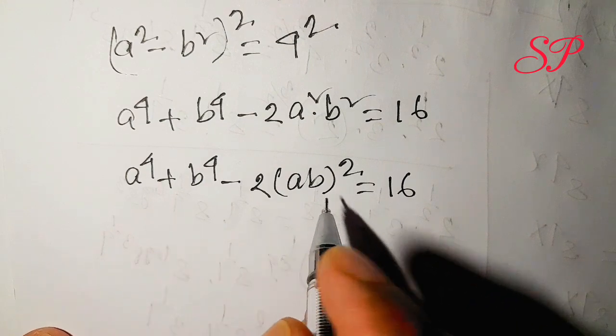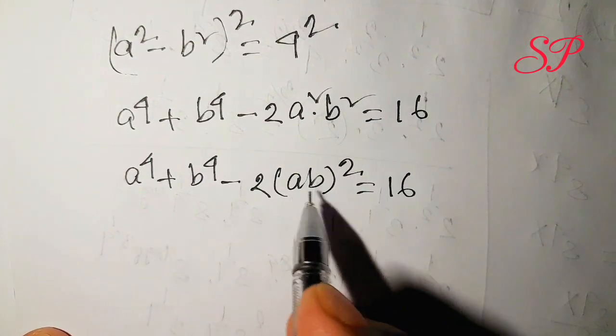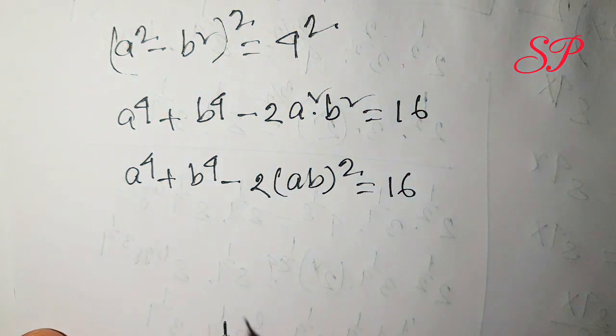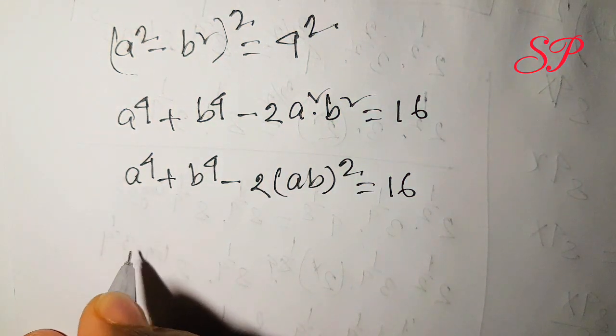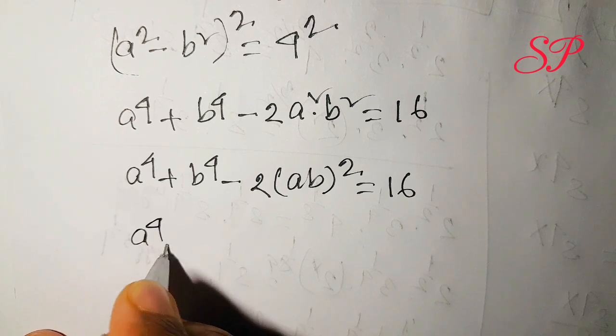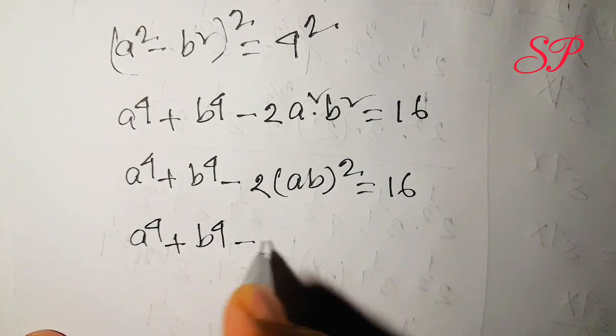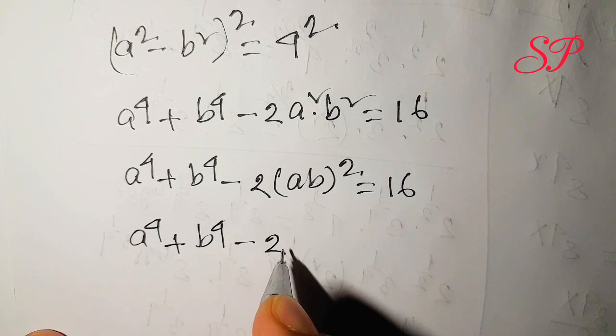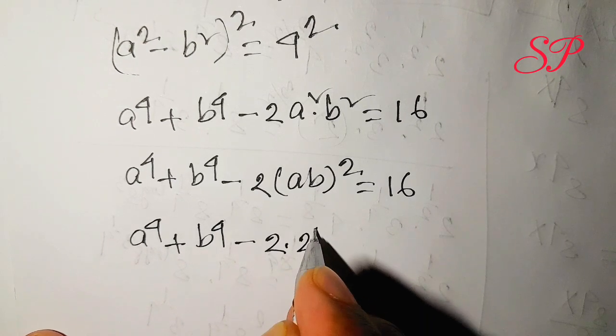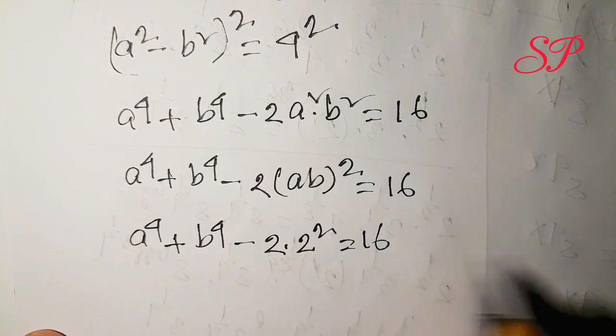Then we put the value of ab equal to 2 from equation number 2. a to the power 4 plus b to the power 4 minus 2 into 2 square is equal to 16.